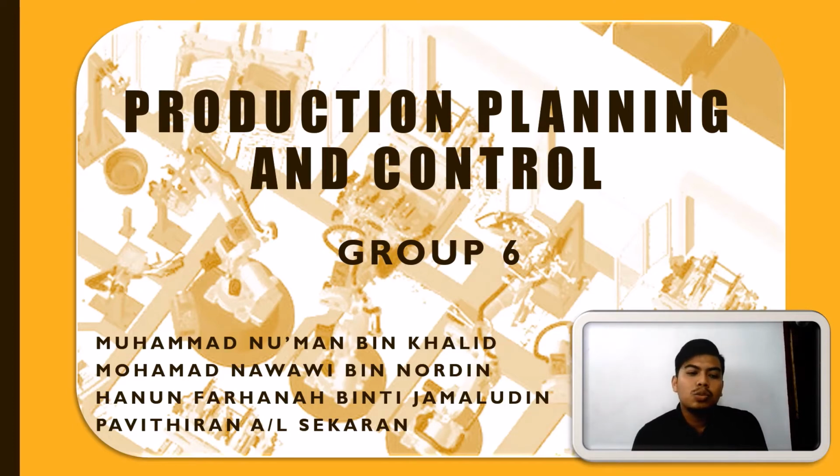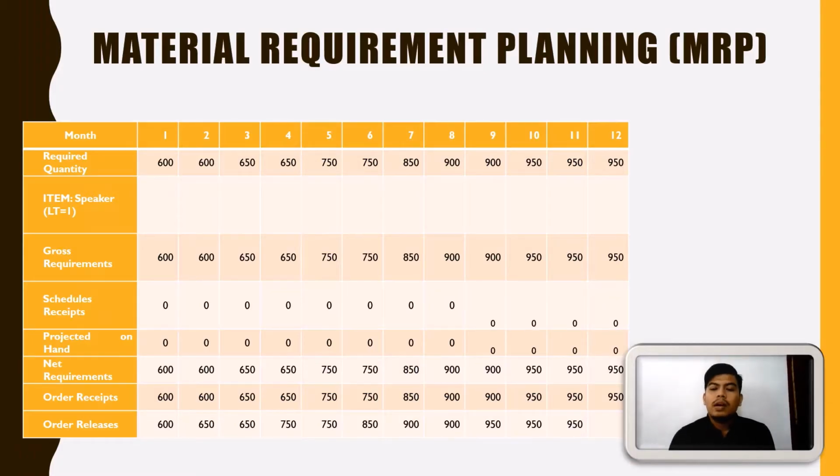It is used to manage the manufacturing process. The MRP that we use is lot for lot for the first part. It has requirement quantity, gross requirement, scheduled receipt, projected on hand, net requirement, planned receipt, and finally order release.